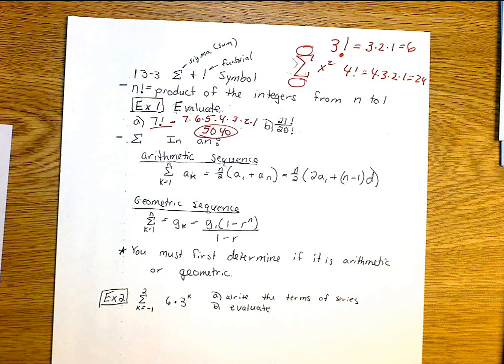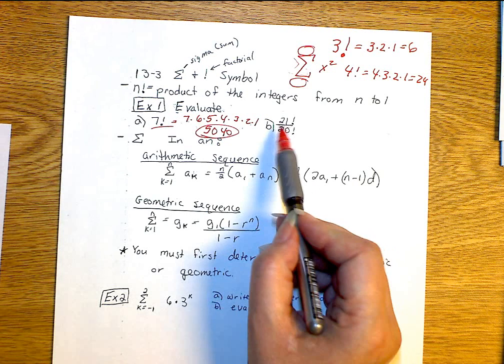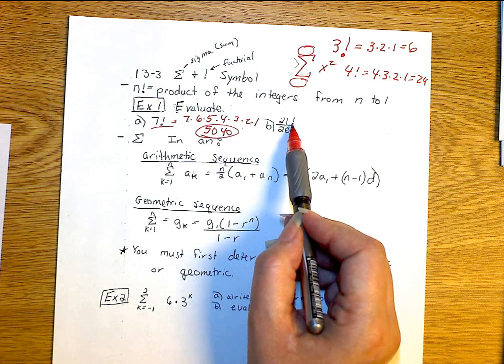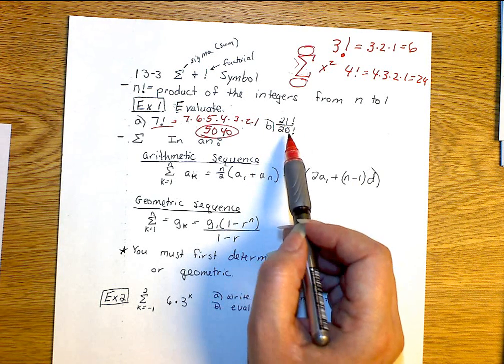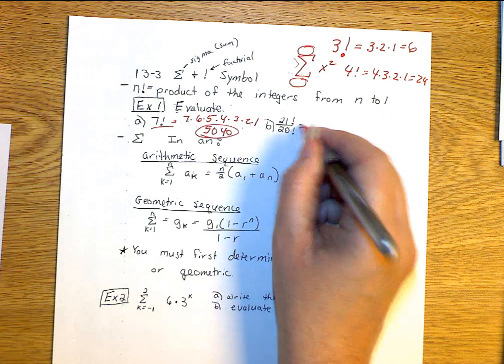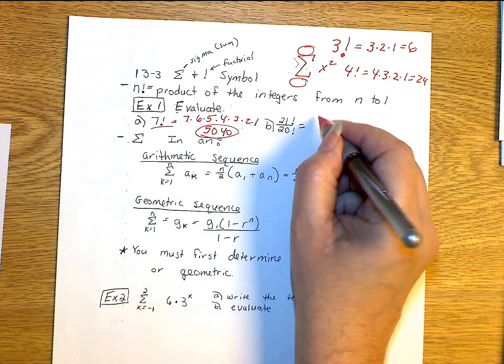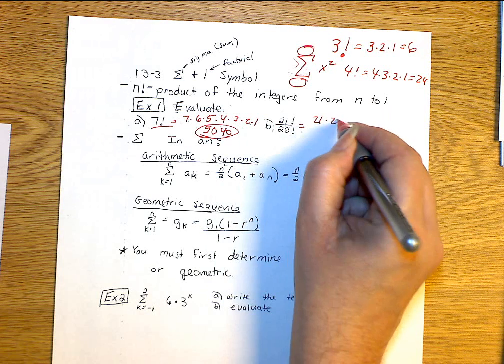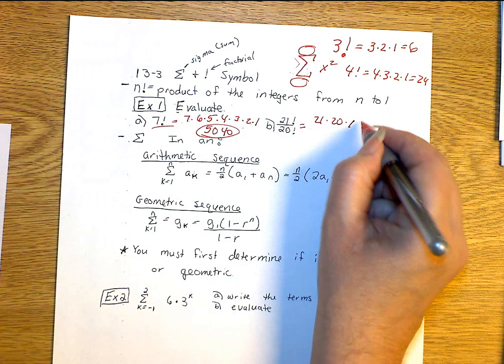Before you jump to it, I don't want to know if your calculator can do it. I want to know if you guys can do it. So just hold on a second. Here we have 21 factorial over 20 factorial. You have 21 factorial, which means 21 times 20 times 19 times 18 times and so on.